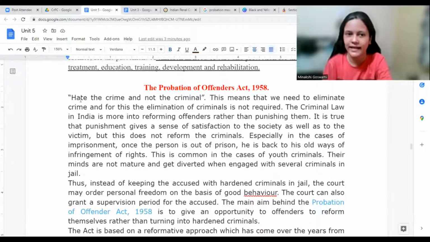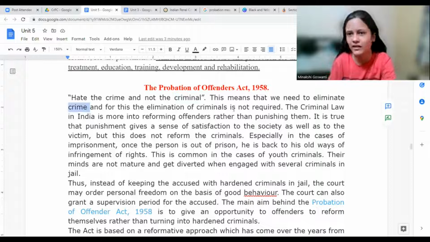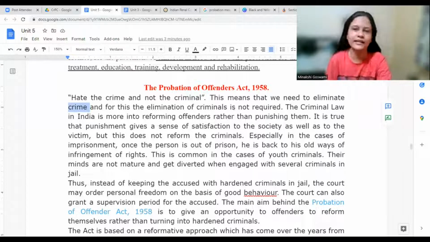Now as we say, hate the crime, not the criminal, because we believe that a person is not born a criminal. Because of the situation, he ends up committing a crime. That is why we want to eliminate the crime, not the criminal. That's why the death penalty is given only in the rarest of rare cases, because we feel there is always a possibility that the criminal can reform himself.